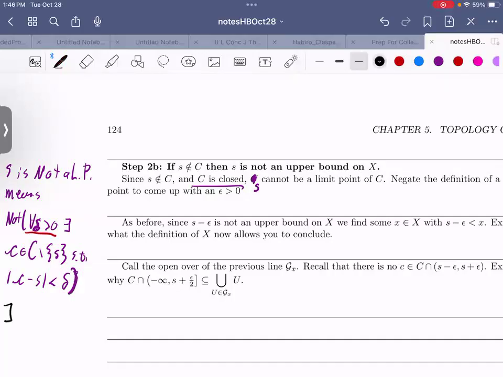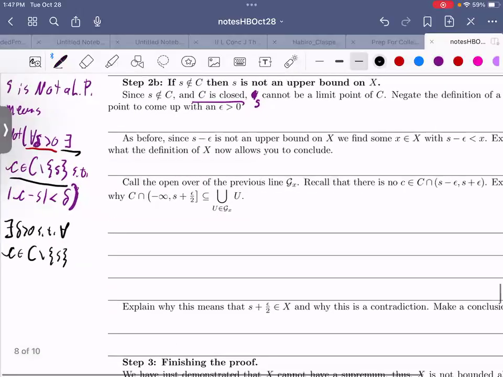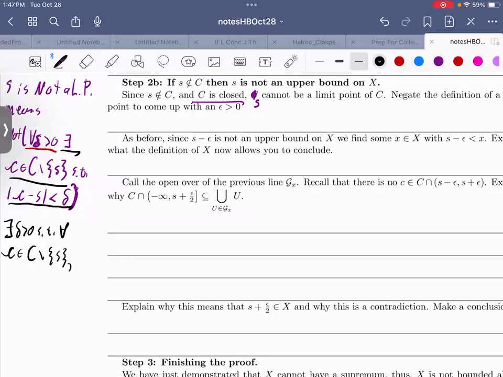So there exists a delta bigger than 0, such that for all c in C minus singleton S, not this happens. Absolute value of c minus S is bigger than or equal to delta.